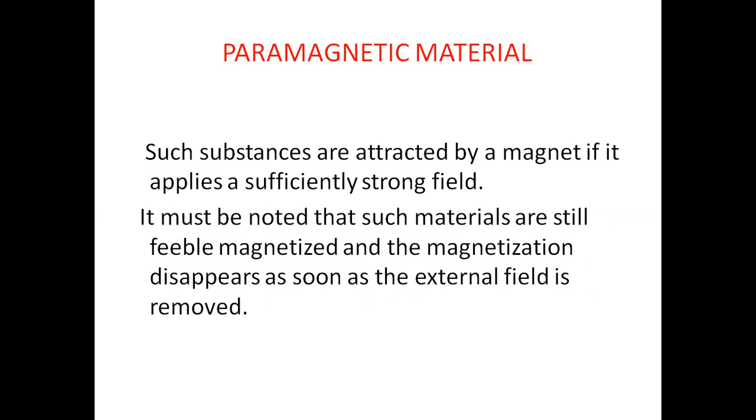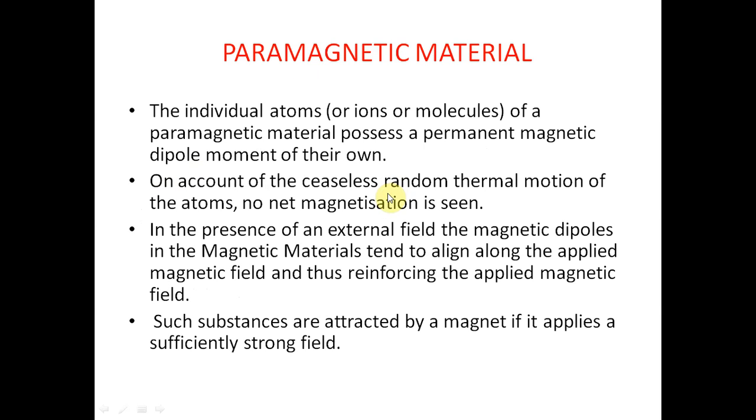Next type of material is paramagnetic material. This type of material is feebly attracted by the magnetic field. Feebly means slowly. And what type of material is paramagnetic? These are materials in which there are unpaired electrons.